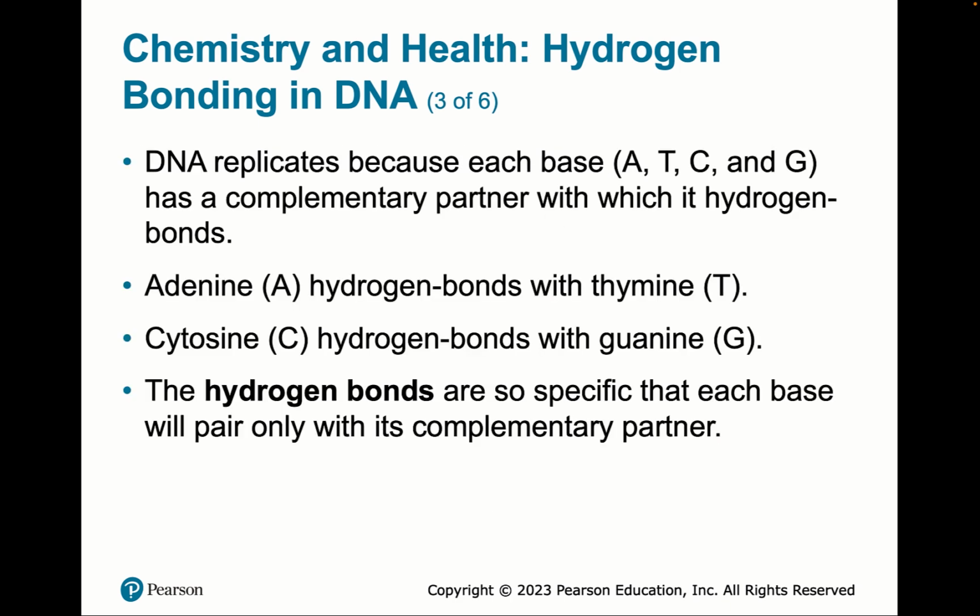And also a key feature in DNA is that it's a double helix. Adenine will always bond with thymine, and cytosine will always bond with guanine. Adenine cannot bond with itself, nor can it bond with cytosine or guanine. Same thing with thymine. Thymine cannot bond to itself, so it can only bond with adenine. It has to do with the hydrogen bonds.